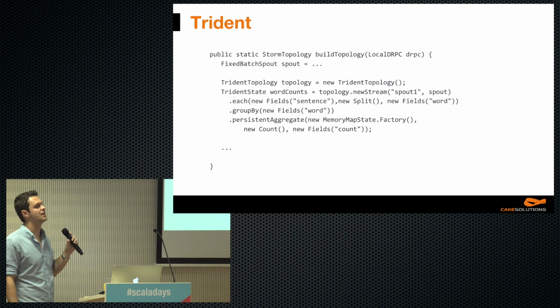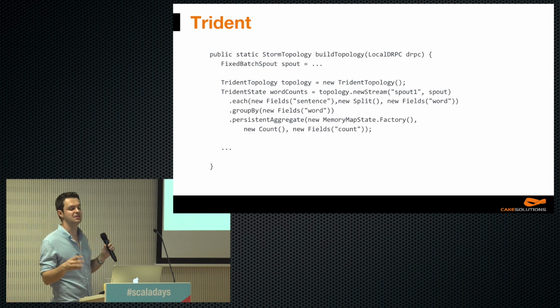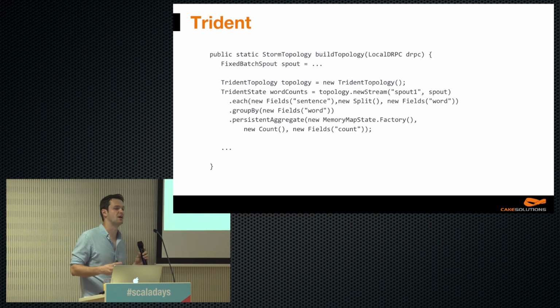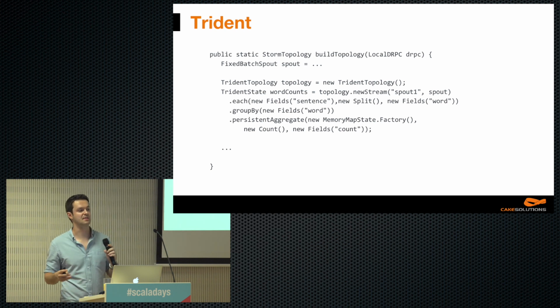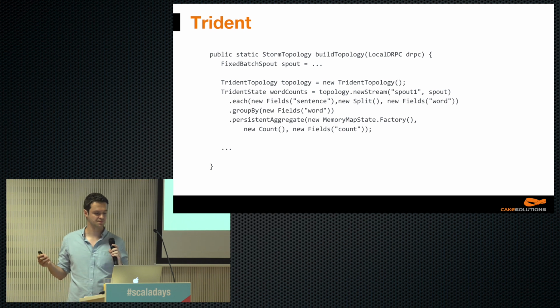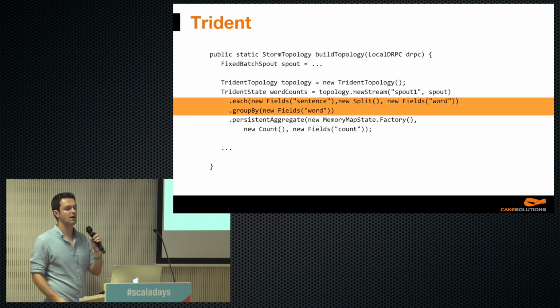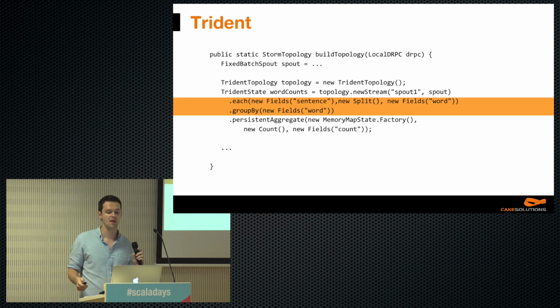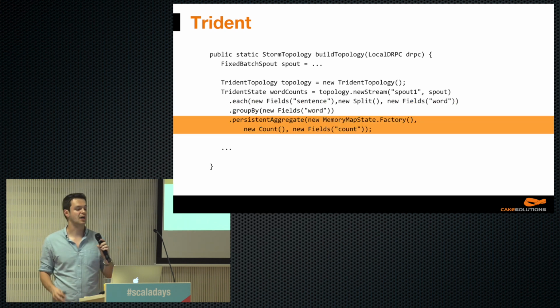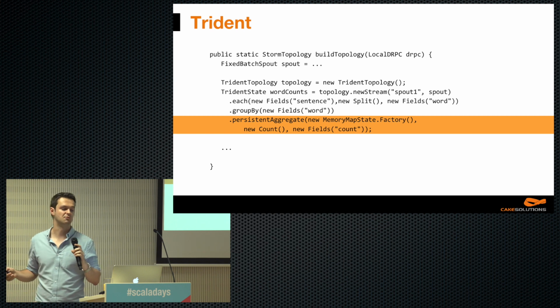As I mentioned before, Trident is Storm's micro-batching extension, and Trident, apart from many other goodies, provides state management, which is pretty useful when implementing word count. As you can see, I could use high-level operations like each and group by, so it is a little bit better. And also, I was able to use Trident managed state for storing counts.